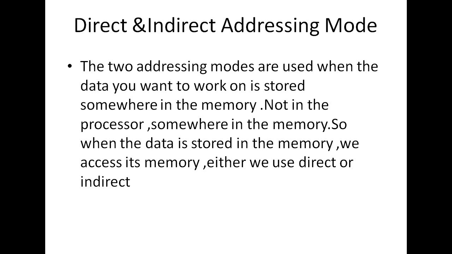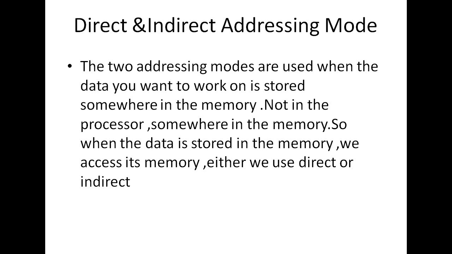Whenever the data is stored in the memory and you have to access the memory, you have to use either direct addressing mode or indirect addressing mode. Clear? Earlier in immediate addressing mode and register addressing mode, the data was stored in the processor itself.